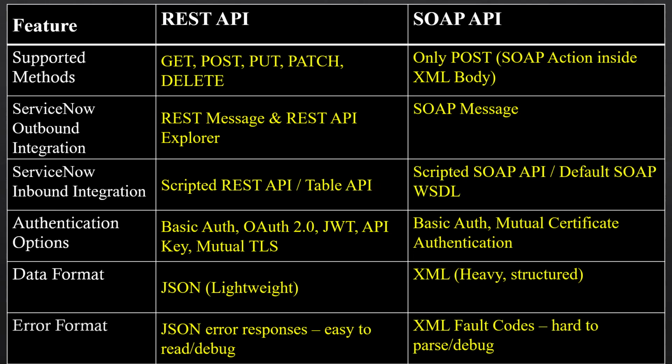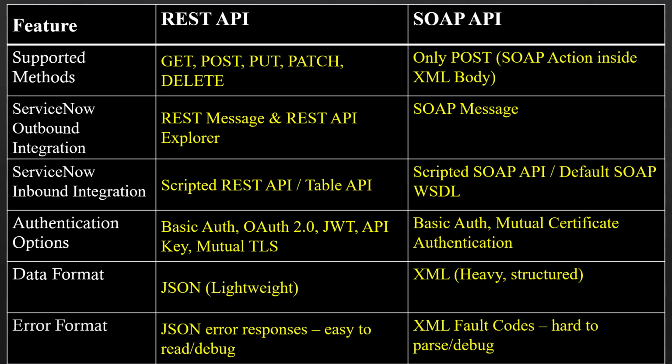In case of SOAP integration, scripted SOAP APIs and default SOAP WSDL-based services can be used. For the REST API, the Table API is ready to use, and with a Scripted REST API we can create a custom endpoint and custom logic.